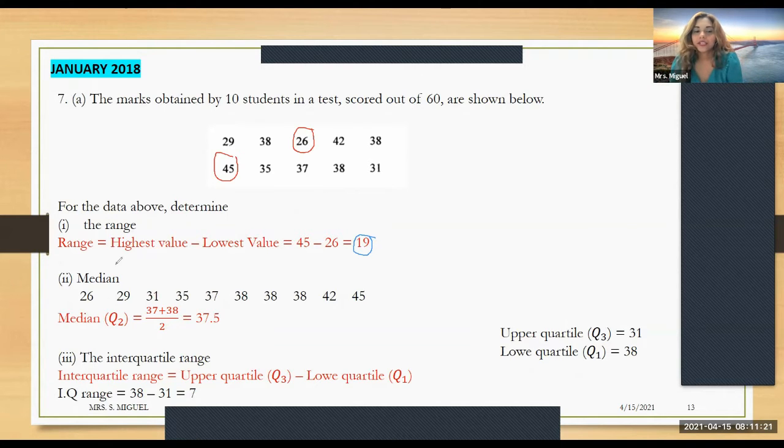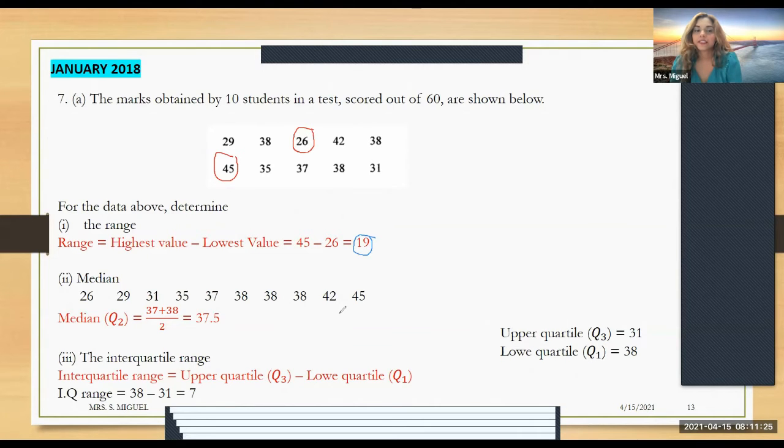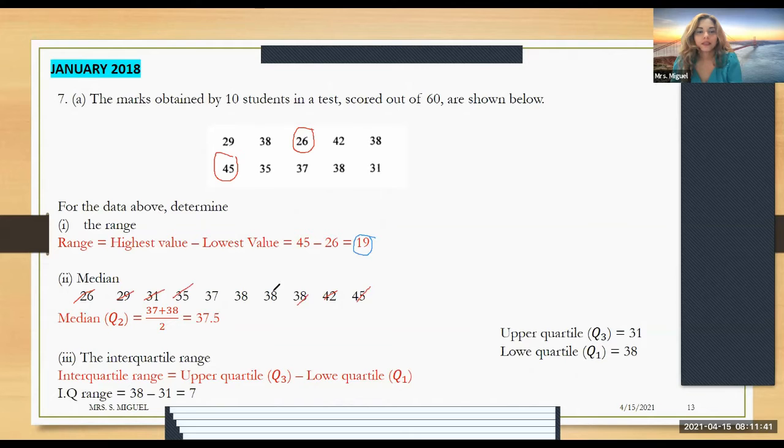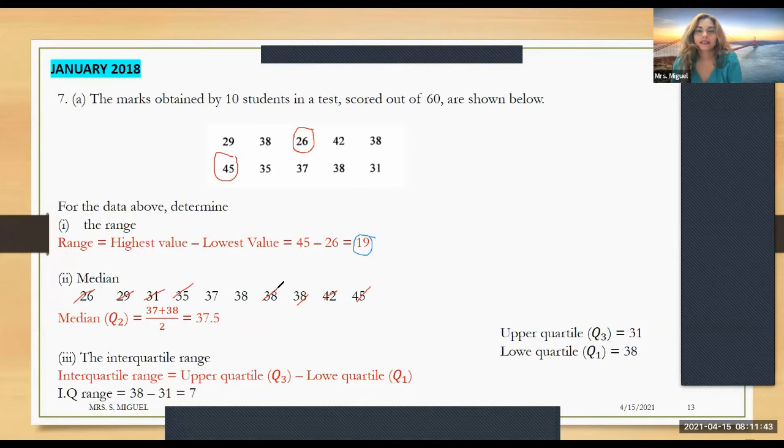So after arranging the numbers, I have to find the middle score. The manner in which I will find it, I will cross the first and the last, the second and the second to last, the third and the third to last, the fourth and the fourth to last number.